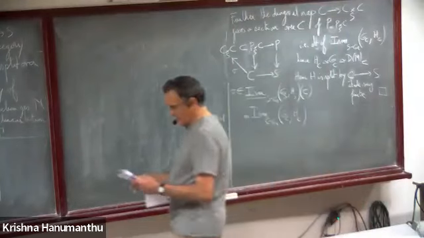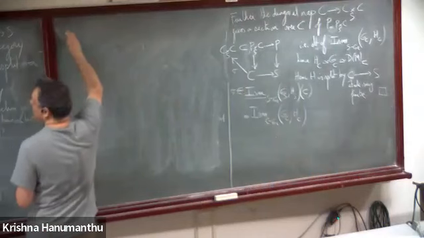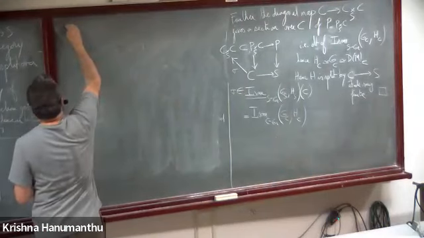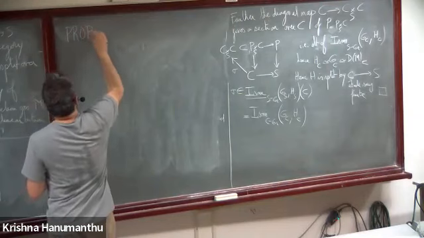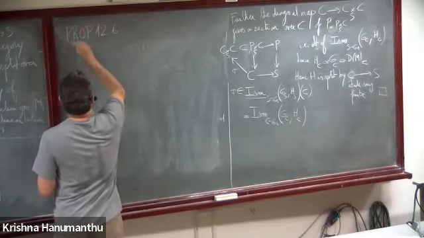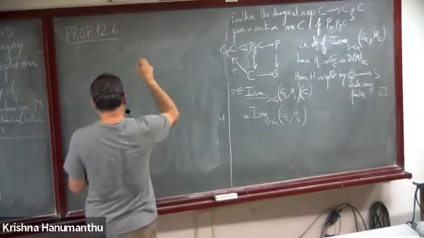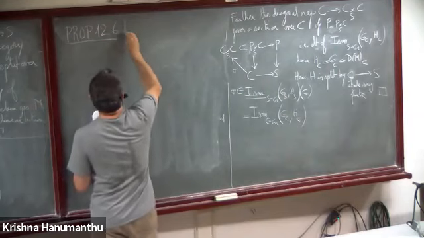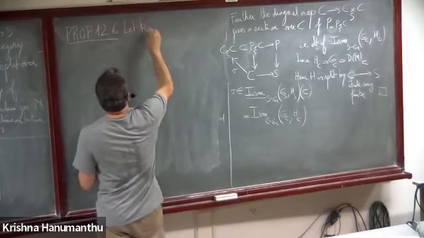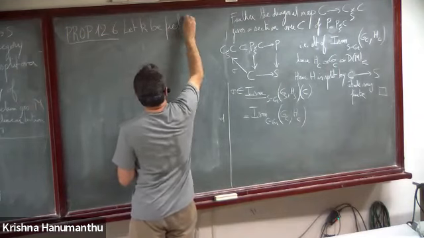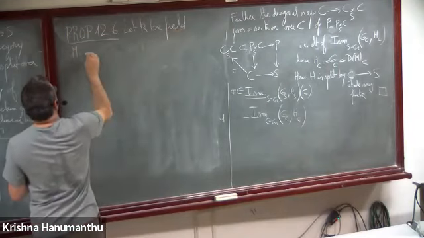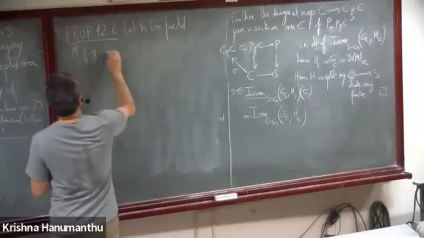And just to be complete, let me finish this part with the following proposition. Proposition 6. Let K be a field and let the type be a finitely generated abelian group.